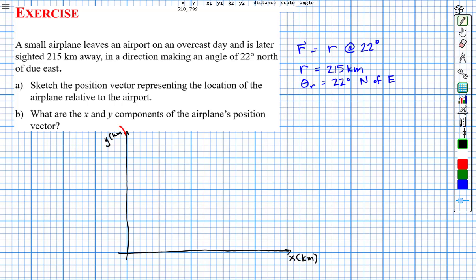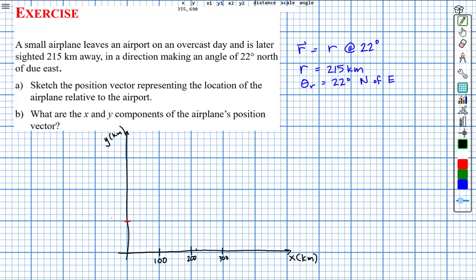So in specifying our scale, I will just say every 5 divisions corresponds to 100 kilometers. So this is 100 kilometers, 200 kilometers. So 215 kilometers on the x-axis would be approximately right here. And then I'll just do the 300 kilometers here.